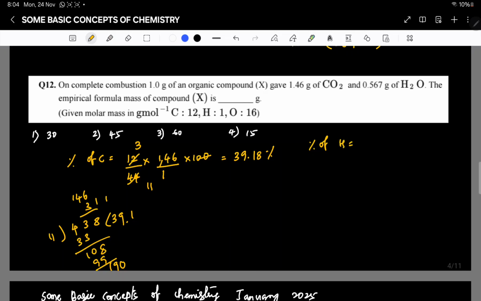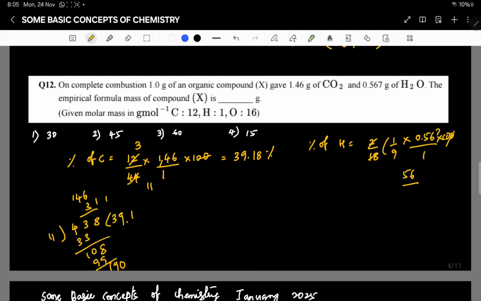Now look at percentage of hydrogen. That percentage of hydrogen is equal to same 2 by 18. So that means you can take 1 by 9 simply into 0.56 divided by 1 into 100, or you can take 7 also. So, student, 2 zeros get cancelled. This will be 56 you can take.